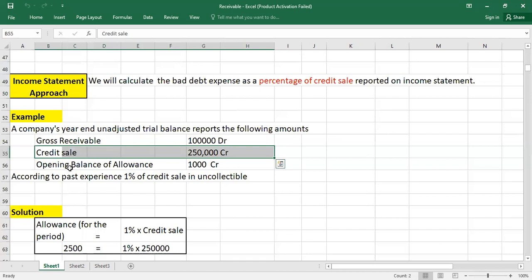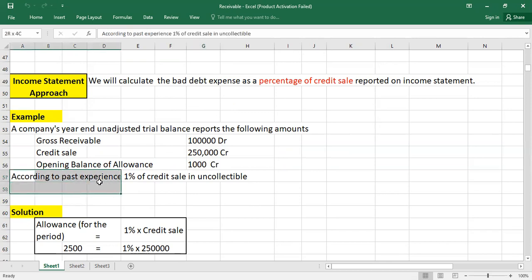The opening balance of the allowance is $1,000, and it is a credit balance, because it's a contra account to the receivable. According to past experience, management has determined that 1% of credit sales is uncollectible. So for sure it is the income statement approach, because credit sales is an income statement item.